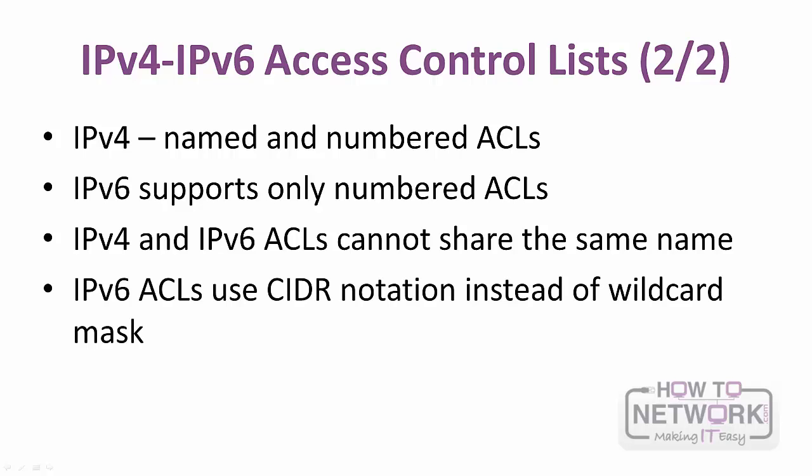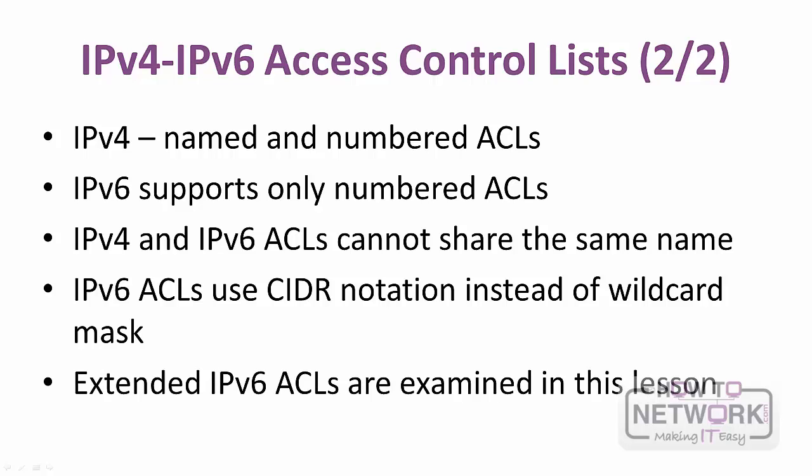Another substantial difference from IPv4 is that, in IPv6 access control entries, ACEs, there is no wildcard masking. We can simply define our source and destination IPv6 subnet in classless interdomain routing notation. In this lesson, extended IPv6 access control lists are examined.